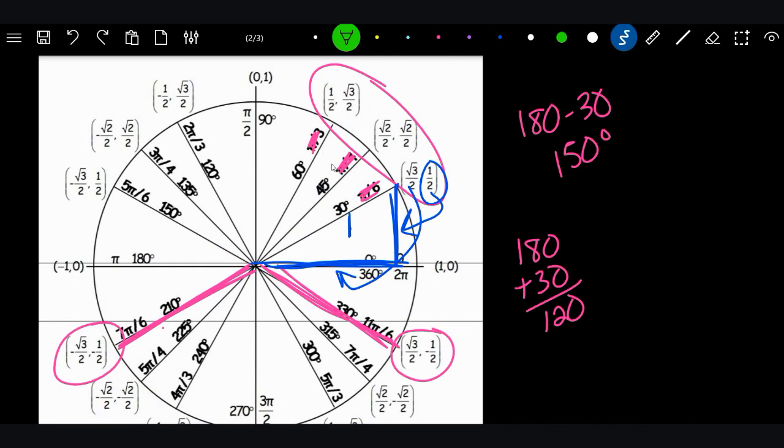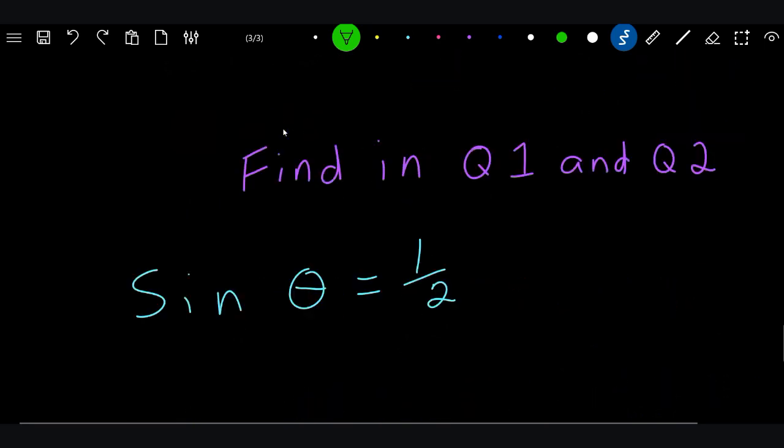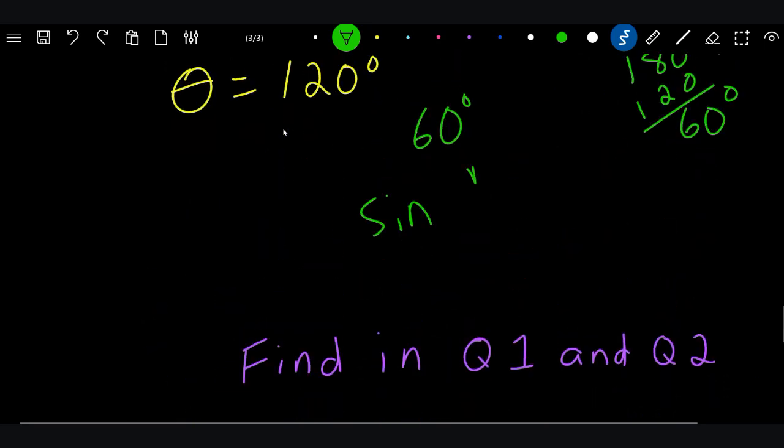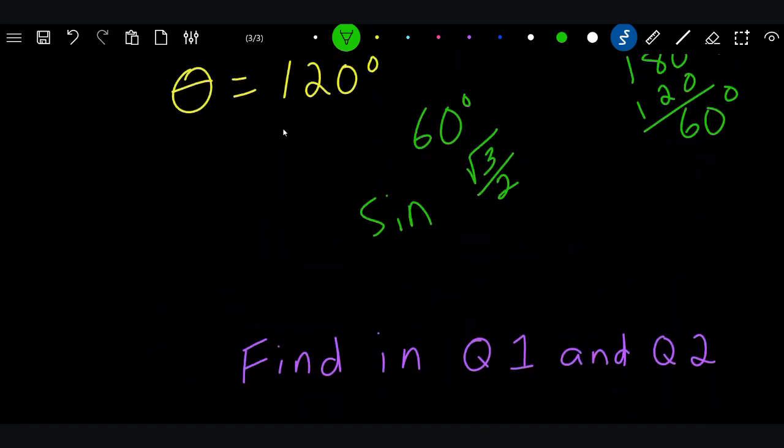So what is the sine of 60? The sine is the y over r, so it's square root of 3 over 2. So the sine is going to be square root of 3 over 2. Over 1, but we don't have to write that because the r is always 1 in the unit circle. So there we go.